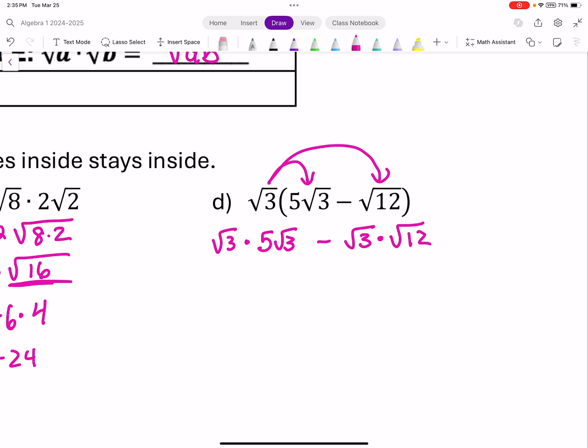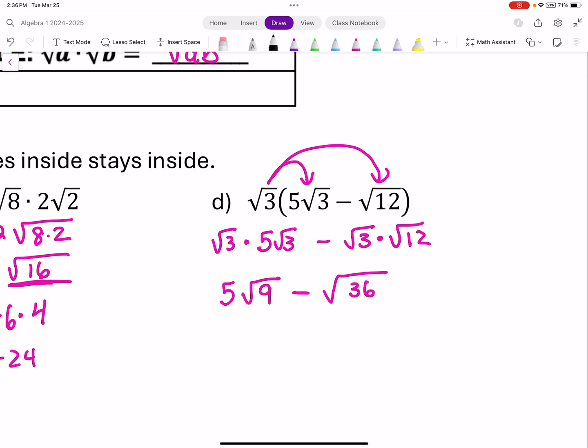So on the first one, the 5 is outside by itself. There's nothing to multiply it with. And then the 3's are inside, so I'm going to multiply them and keep inside. So 3 times 3 is 9, stays inside. On the second set here, the 3 and 12 are both inside, so I'm going to keep them inside. 3 times 12 is 36.